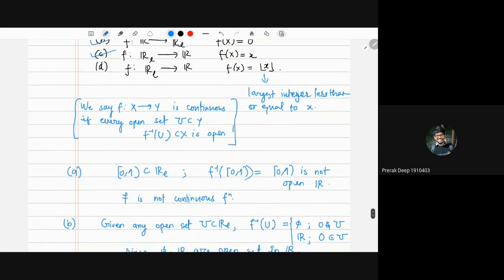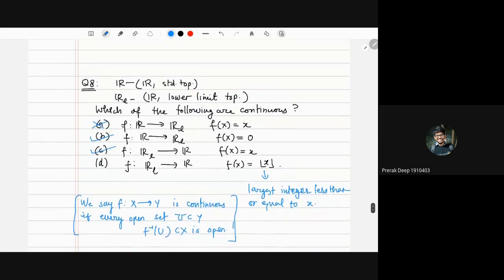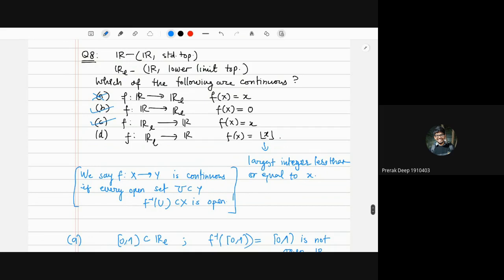Now option D also. I leave this as an exercise for you guys to think about what will happen to option D. And option D will also be a continuous map. The pre-images of the integers over here will be precisely the basis elements of this thing.